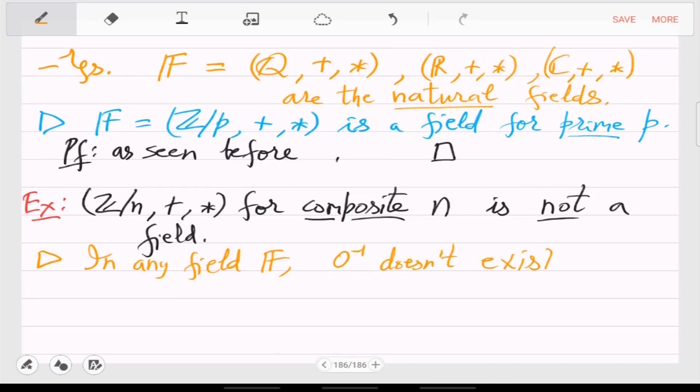Can you show this? Can there be a field in which 0 has an inverse, an element in the set? Is it ever possible? Is there any field where division by 0 is allowed?